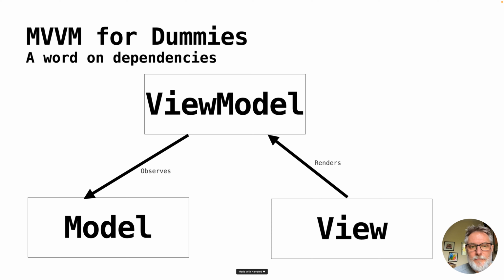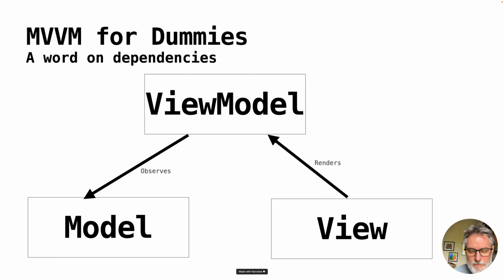Even drawing the name backwards is another view of the same view model. Well, no, of the same model, but you'd have a different view model which would have the text backwards, for instance. So if you wanted a different colour, the model stays the same, but the view model changes the colour to red, for instance. And then the view goes, I need to render this as a red piece of text, not green. So the dependencies are that the view renders the view model which is observing the model.